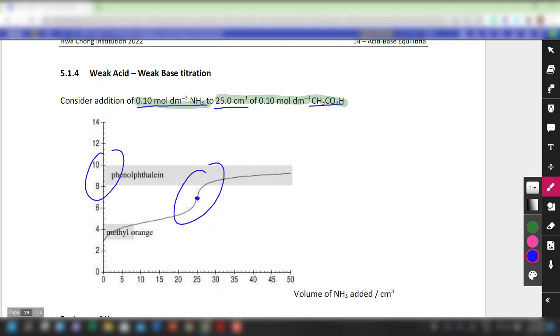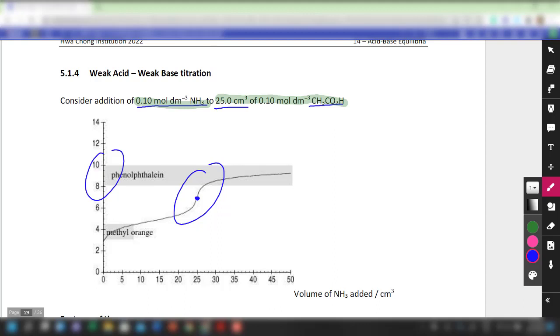And if you are already thinking one or two steps ahead, I think you can explain why the titration curve is of this particular shape. Because if we have a weak acid and a weak base, in the course of the titration, let's say we started off with the weak acid, in this case ethanoic acid, I am producing ethanoate, which itself is also a weak base. And then as my weak base reacts with ethanoic acid, it will produce the conjugate acid, ammonium, which itself is also a weak acid.